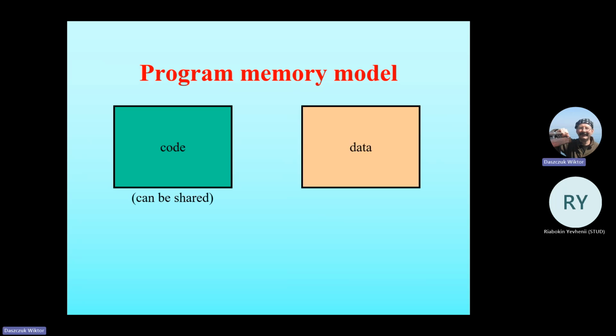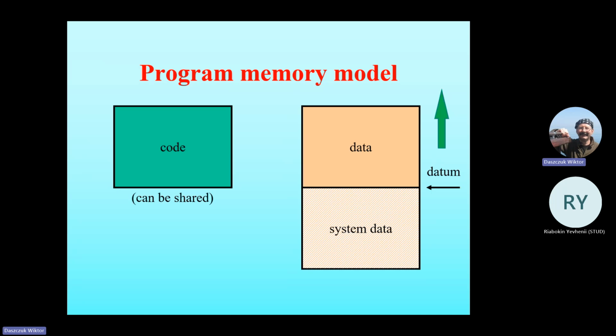And data is a separate area because every instance of the program has its own copy of data. This data area has some datum. It is the virtual zero of this program. And there is an additional area of system data. Those data are below datum, so a program cannot access those data.